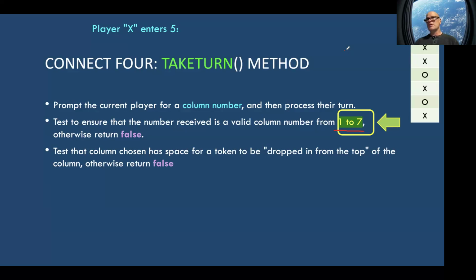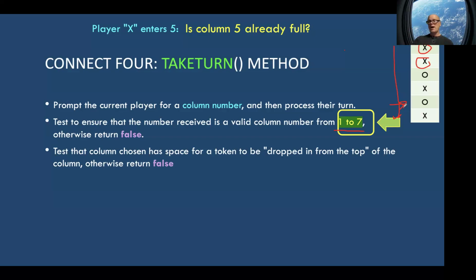So your take turn method has an extra responsibility this time. It has to check to see if there's an empty token here or here or here. It has to search for the last empty token and then figure out where to put your new thing, okay? So if that column is full, you can't take that turn and you have to return false, right? So that's an invalid request by the user. We return false. And then the main, of course, will not call next player.